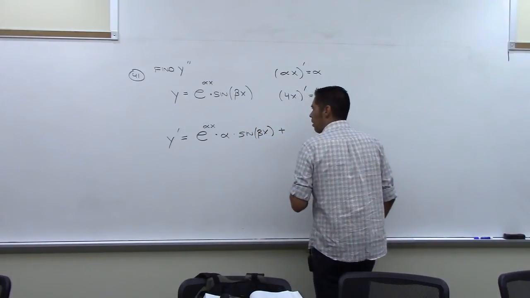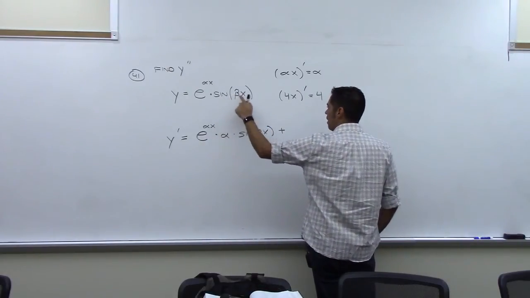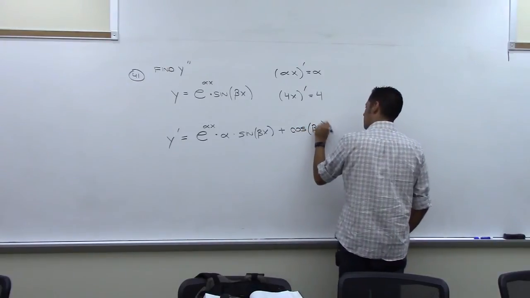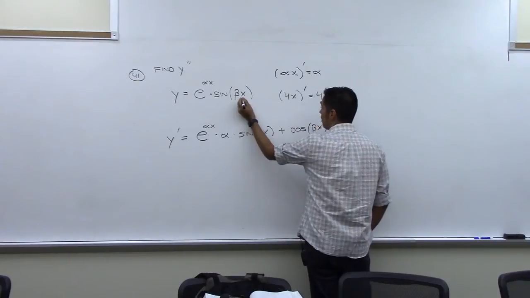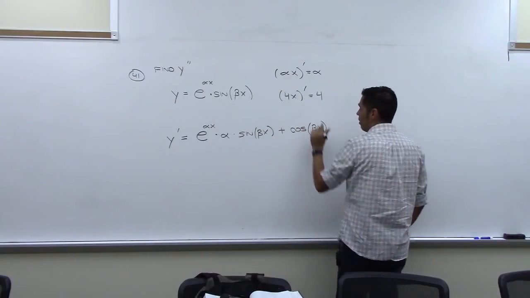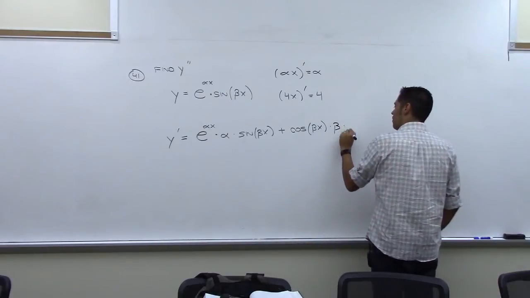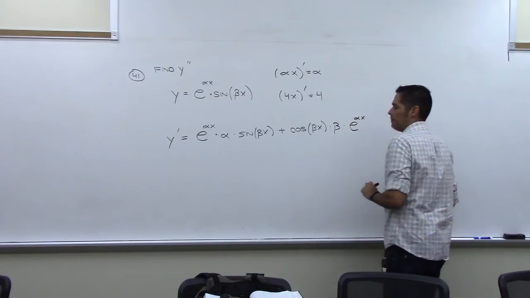plus, so I'm doing product rule here, derivative of sine of beta x. Well, derivative of sine of something is cosine of that something. And then chain rule says go inside and take derivative of beta x, so all we get is beta. And then finishing off the product rule times e to the alpha x.